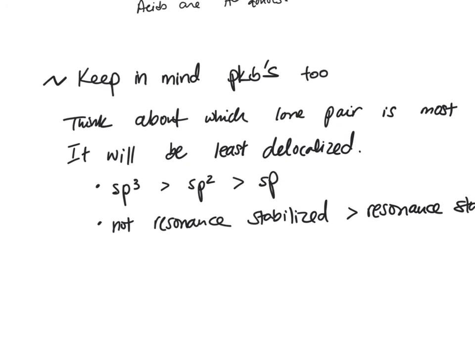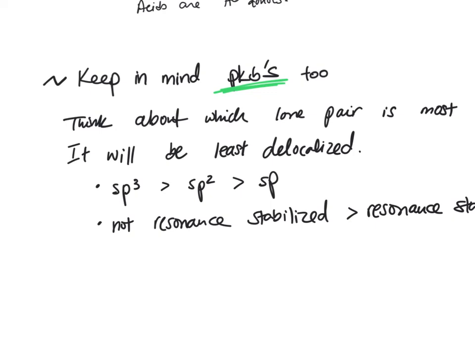Keep in mind also pKb's. You want to think about whether it's a lone pair of electrons or a pi bond, for example, in an aromatic ring or a conjugated system.